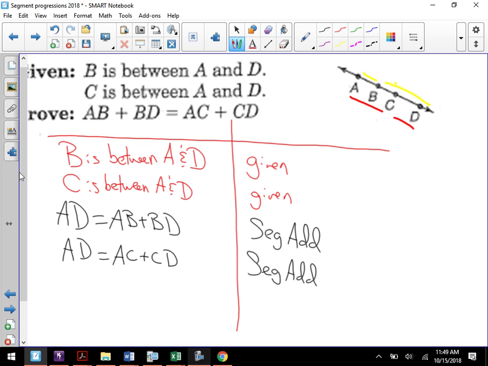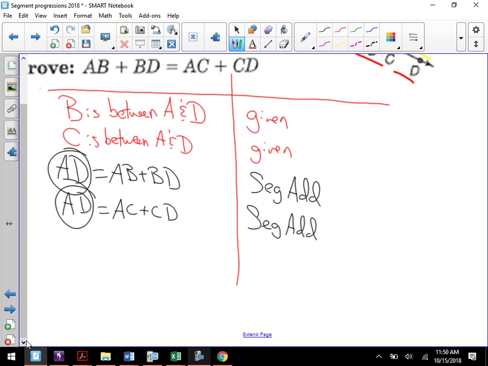No, you're thinking too hard. Aren't those two things equal to AD? So don't those two things have to equal each other? That's all it is. That is just straightforward substitution. When two things equal the same thing, they equal each other.